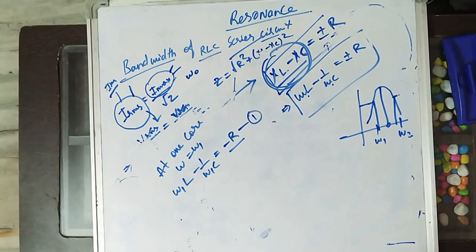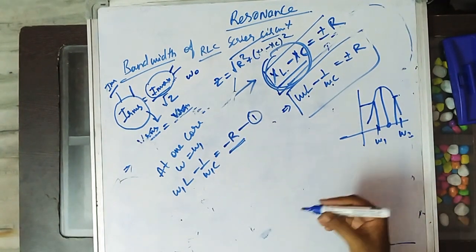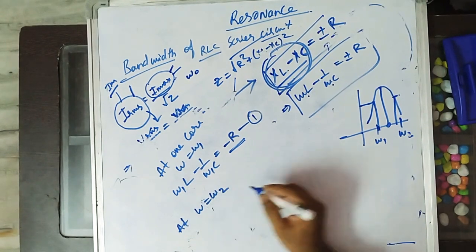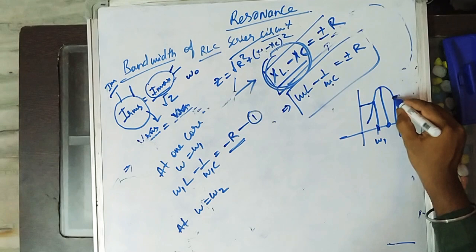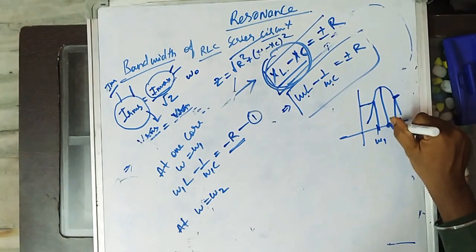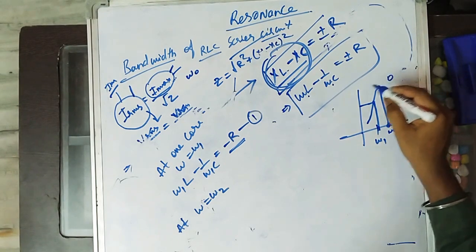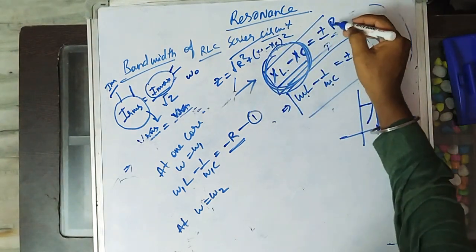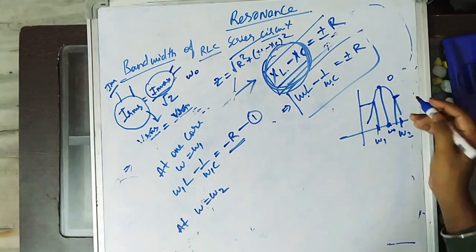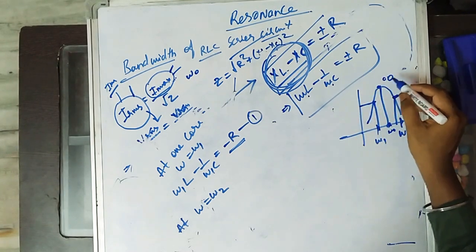That is why we take the net reactance value of minus R. And at the other corner frequency you will have some other value. But the net reactance at resonance frequency is 0. This component will be 0. That is, one corner is negative and the other positive, and in the middle you will get 0.